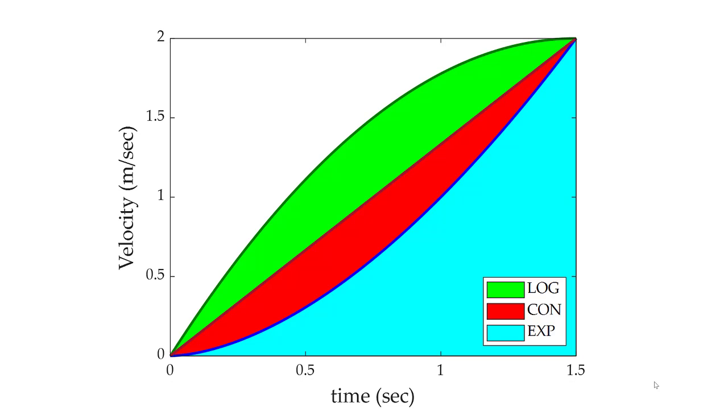Now, if we look at the areas under the curve for each of these 3 tracings, we will see that even though they have the same average slope, they're going to have very different areas under the curve. The blue shaded area represents just the area underneath the blue curve. The red curve, however, is going to have not only the area that's shaded in red, but also the area that's shaded in blue.